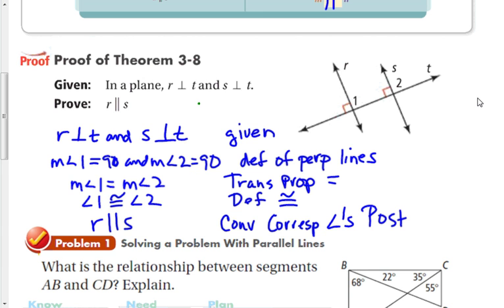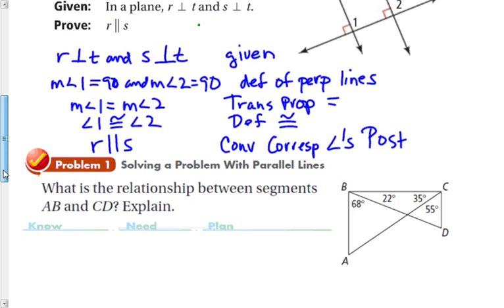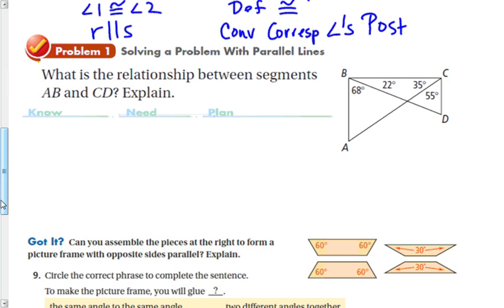By the transitive property of equality, those two angles are equal to each other because they're both equal to 90. That means they are congruent by the definition of congruence. Then by the converse of the corresponding angles postulate, the two lines are parallel. So we're going to use that here to solve the problem.